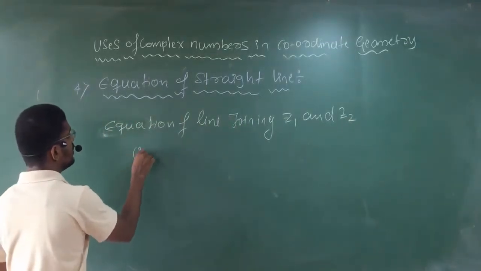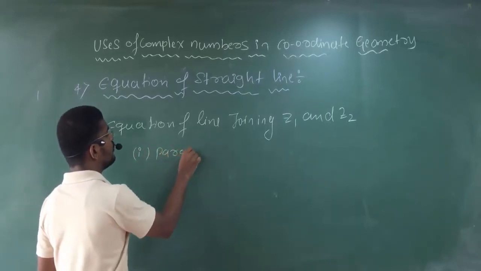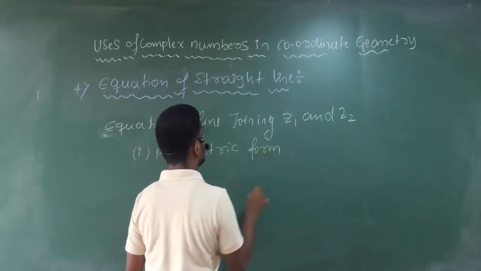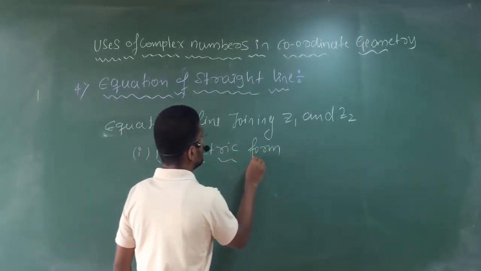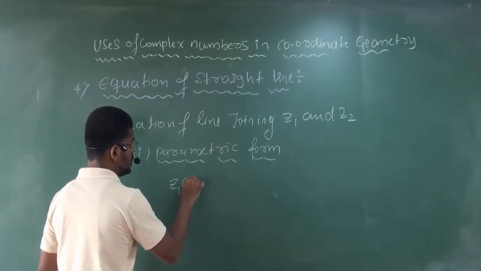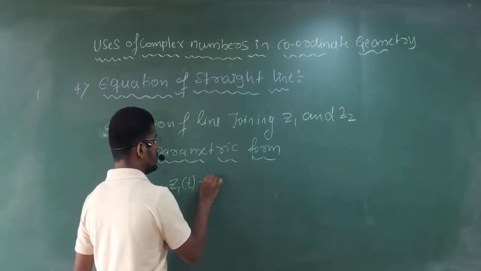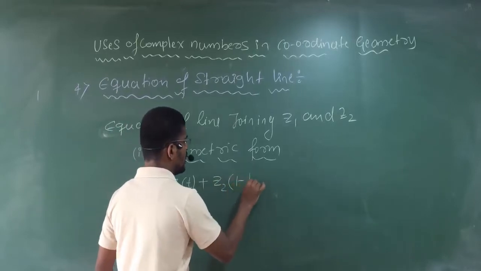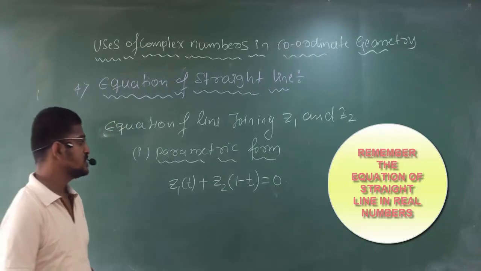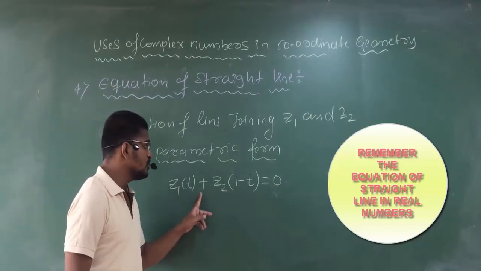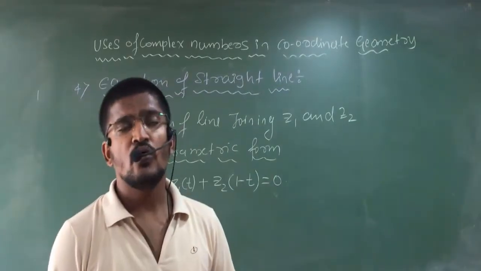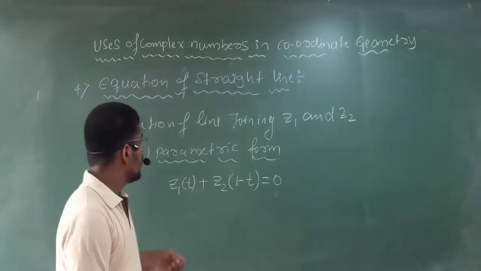First will be the parametric form, that is, Z1 into t plus Z2 into 1 minus t.